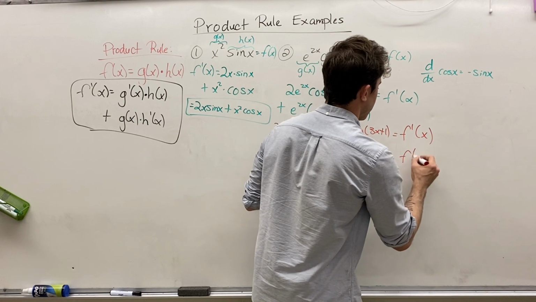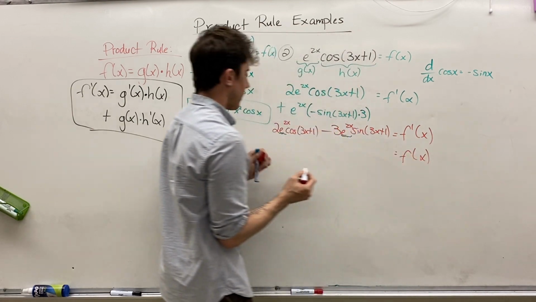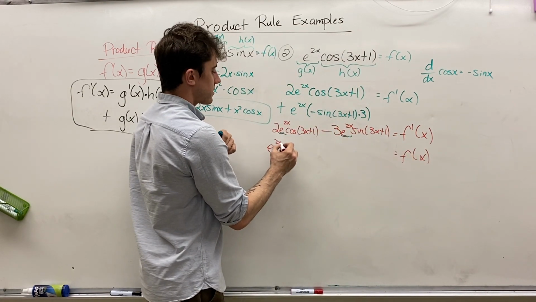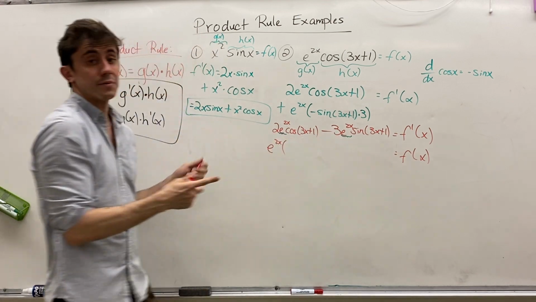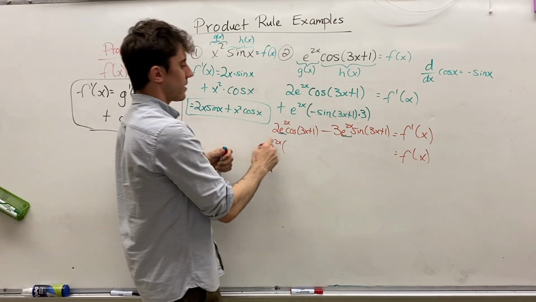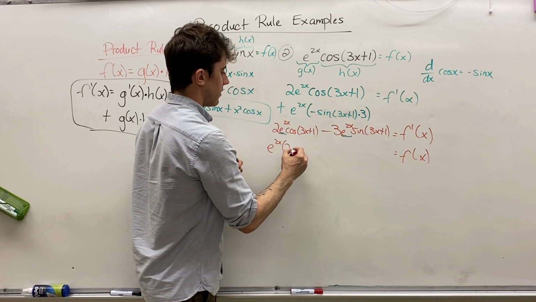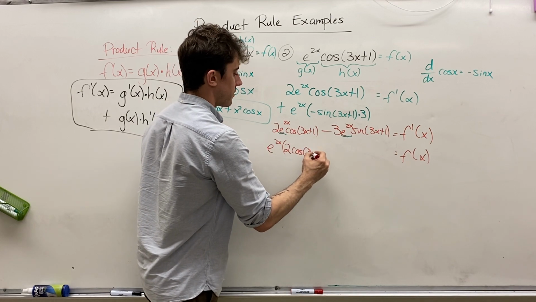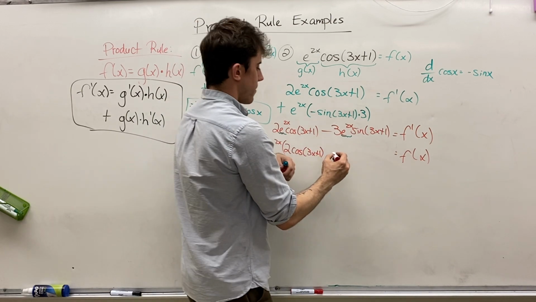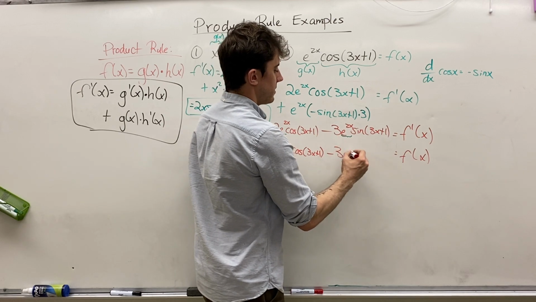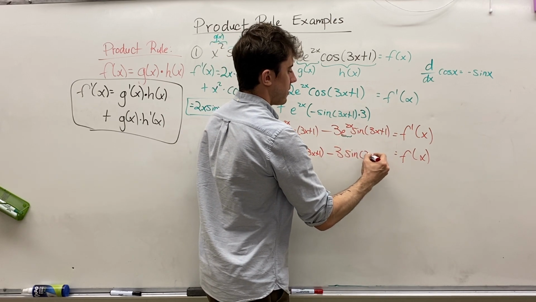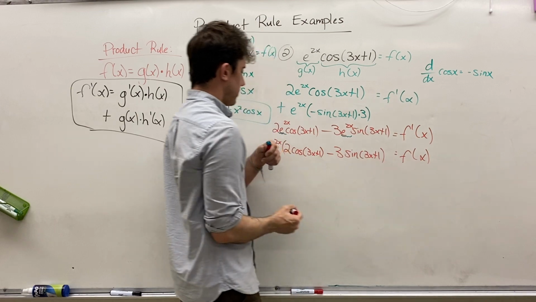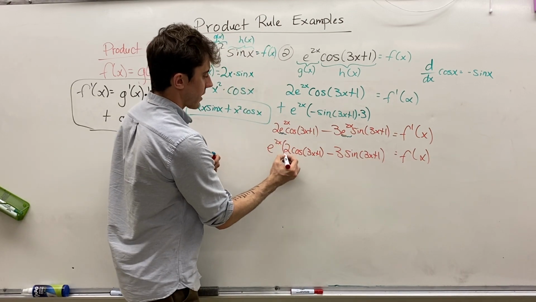And so to finish it off, our last line of work will have e to the 2x factored out of both terms because it's common to both terms. And then what we'll have left inside, we'll have 2 cos of 3x plus 1 minus 3 sine of 3x plus 1, all inside those brackets.